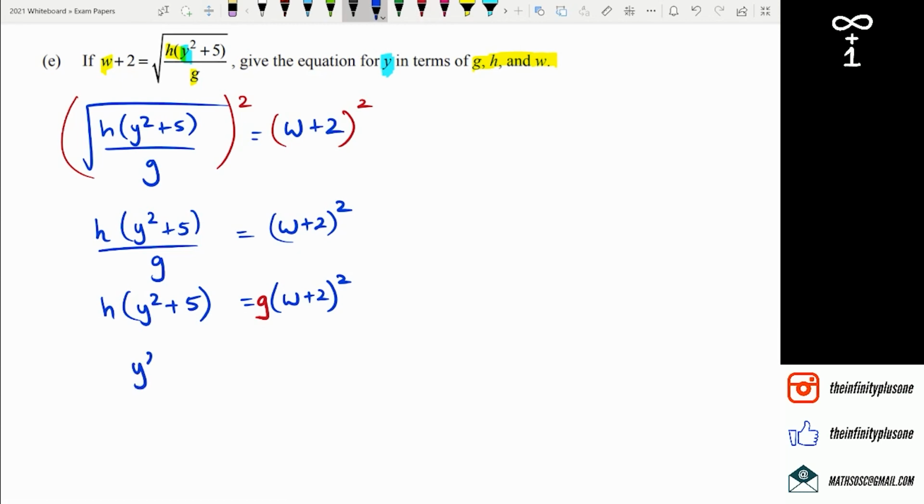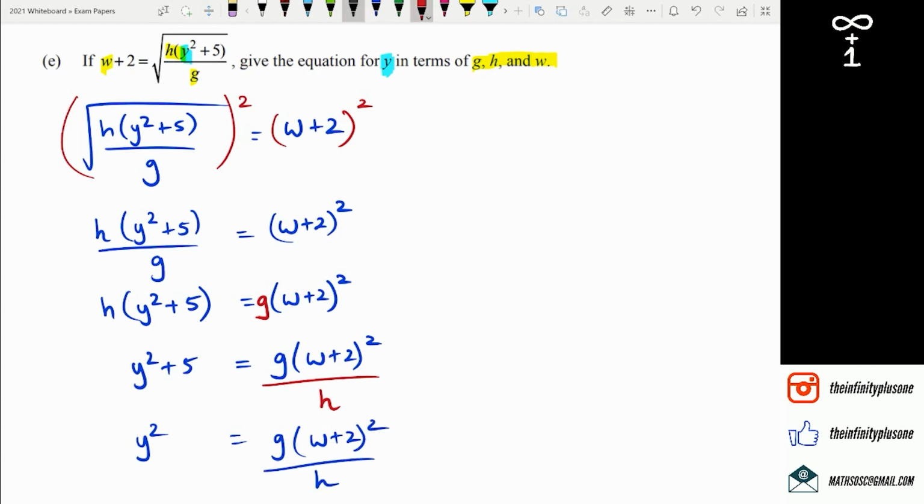So I've got y squared plus 5 equals g times w plus 2 squared, and because h is in the numerator, when it crosses to the other side, it pops in the denominator. Now, I need to get rid of the 5. So I'm going to rewrite this as y squared equals g times w plus 2 squared divided by h, and I've got minus 5.